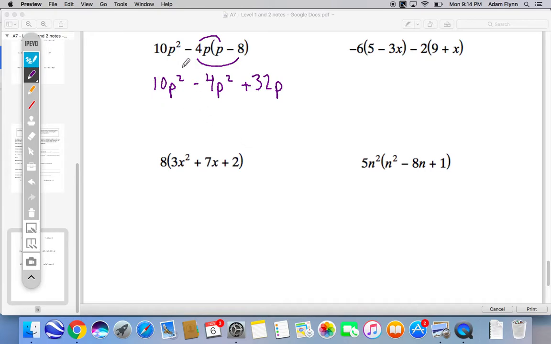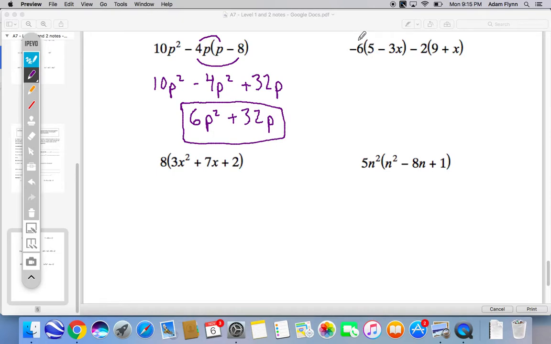I have a 10p squared, so my exponent is to the second power, and I have minus 4p squared, exponent also to the second power. So now I can take a look at the coefficients and combine these. I have 10 minus 4, which is 6. My p squared is just going to stick around. And then I haven't touched this positive 32p. So I have plus 32p. I can't simplify any more at this point. So that's my answer, a quadratic binomial.